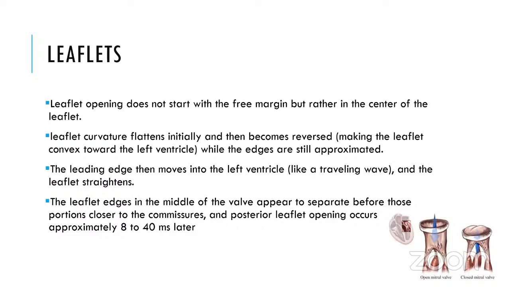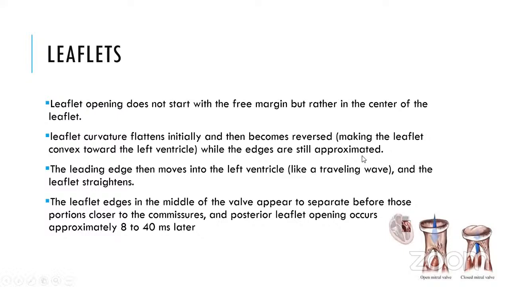The leading edge then will move into the left ventricle, as you can see here, like a traveling wave, and the leaflet will straighten. The leaflet edges in the middle of the valve usually separate before the portions closer to the commissure, and the posterior leaflet usually opens about 8 to 40 milliseconds later compared to the anterior leaflet.